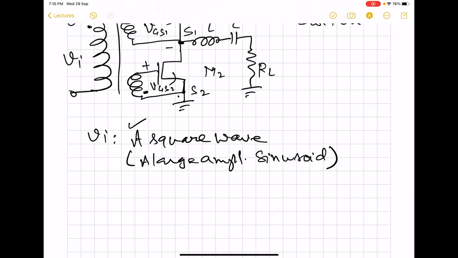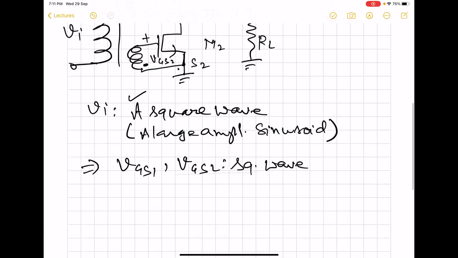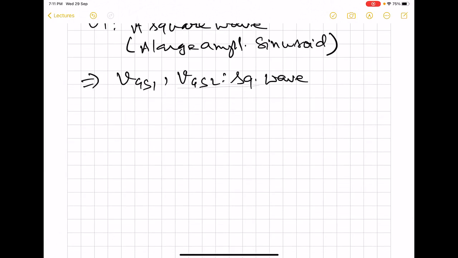So we are going to take this case, that means VI is a square wave. That then implies that VGS1 and VGS2 are also going to be square waves of the same amplitude as the VI. So we can just see the input waveforms, because these are what we will be using later on for analyzing the circuit.